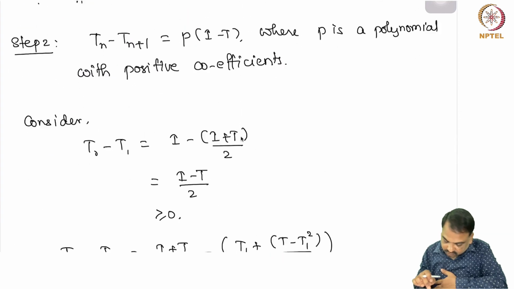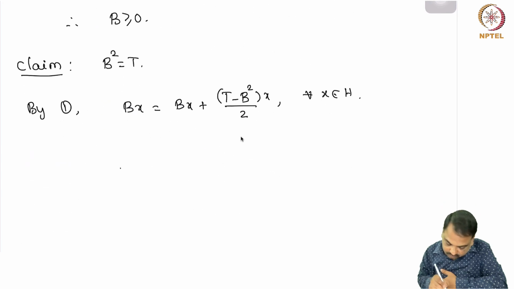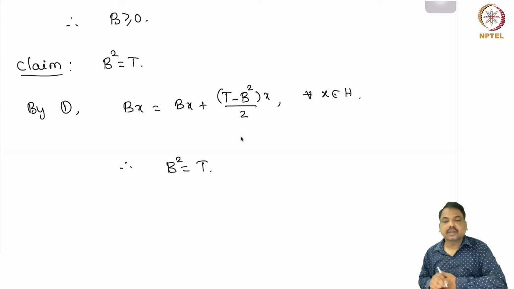So from this we can conclude that B square is T.